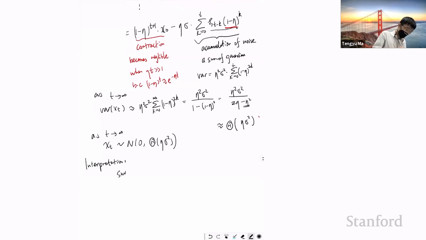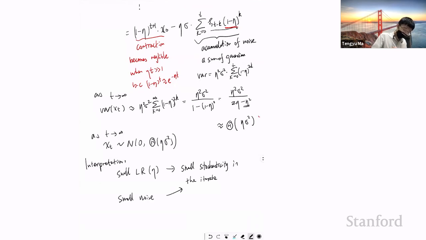A small learning rate, small η, means that your iterate will have small bouncing around, a small stochasticity in the final iterate, because the variance in the iterate xt is smaller, and you have small noise, the same thing.